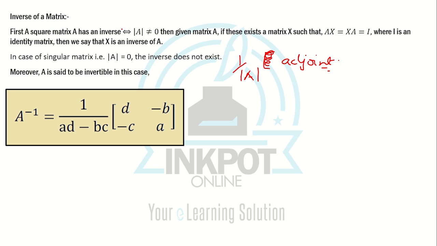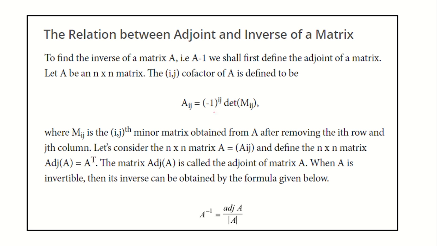For it to exist, the determinant would have to be non-zero, and you know that the inverse is defined as A into X is equal to X into A is equal to I, where I is an identity matrix. The way you would calculate the inverse is, like I said, 1 upon the determinant of A into the adjoint of the matrix. So you have Aij, which is this, and you have A inverse, which is adjoint A upon determinant of A.